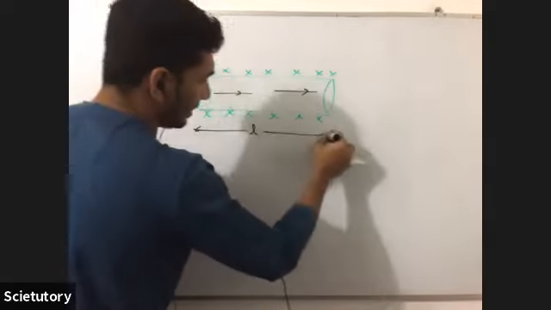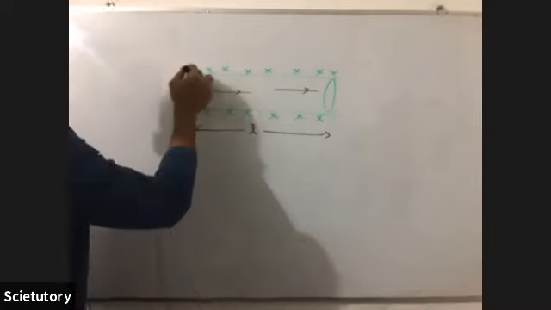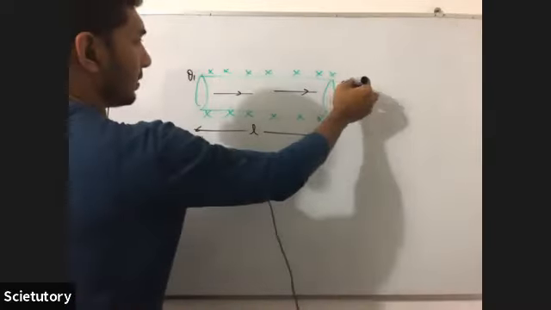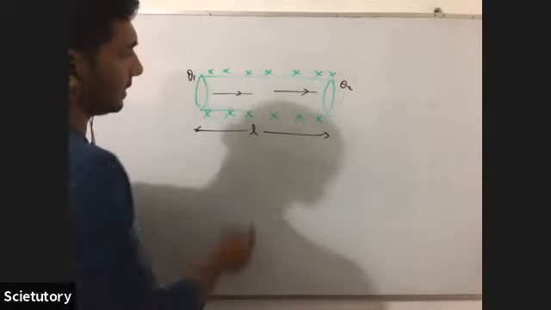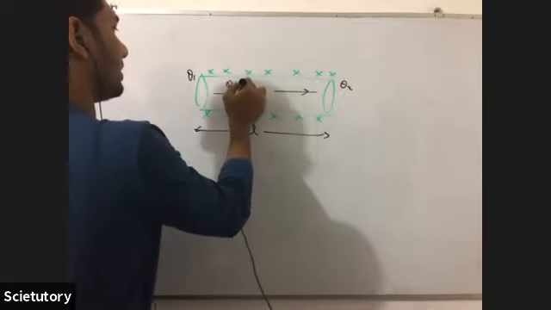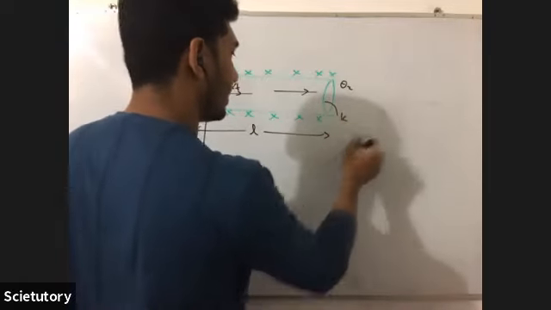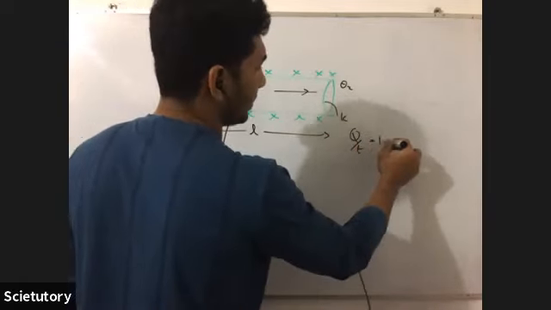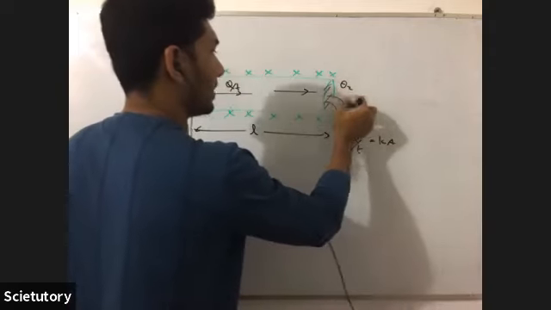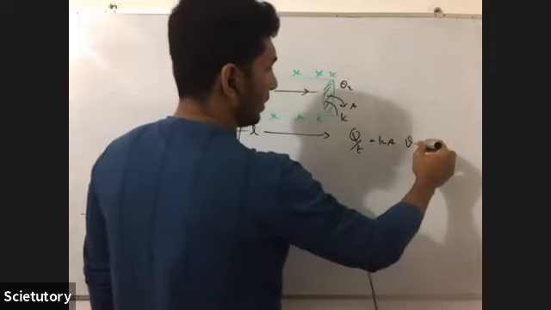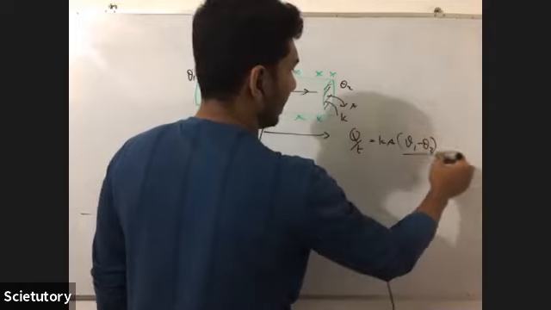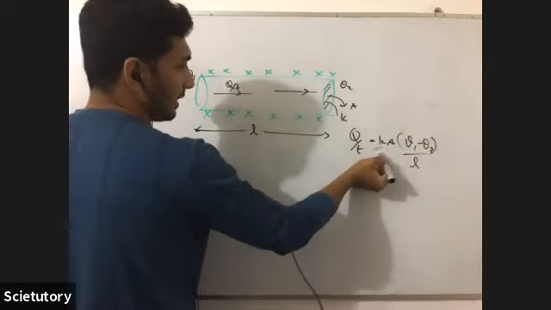If the length is L, the temperature difference is theta 1 minus theta 2. The rate of flow of heat is Q over t. If the thermal conductivity is K, the equation is Q over t is equal to K A, where A is the area of cross section, theta 1 minus theta 2 over L. So this is thermal conductivity.